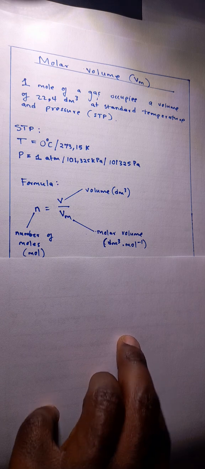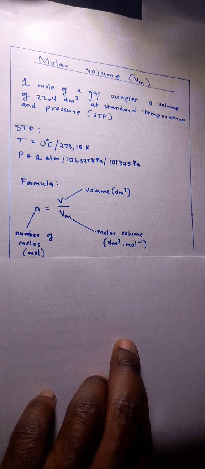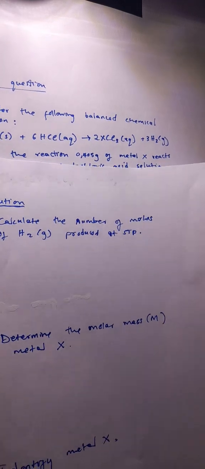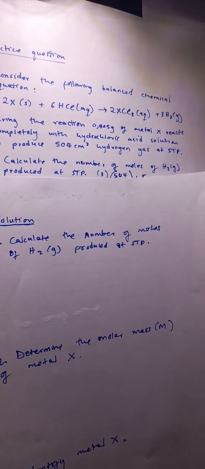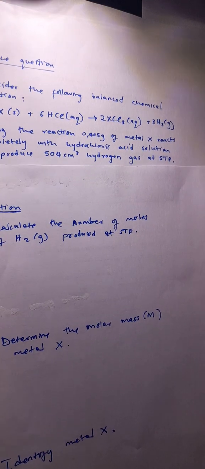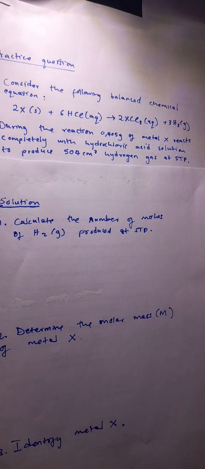I want us to look at some examples so that we don't get lost. Look at the practice question. I'll be using this because I want to work together with you here. I hope you can see clearly.